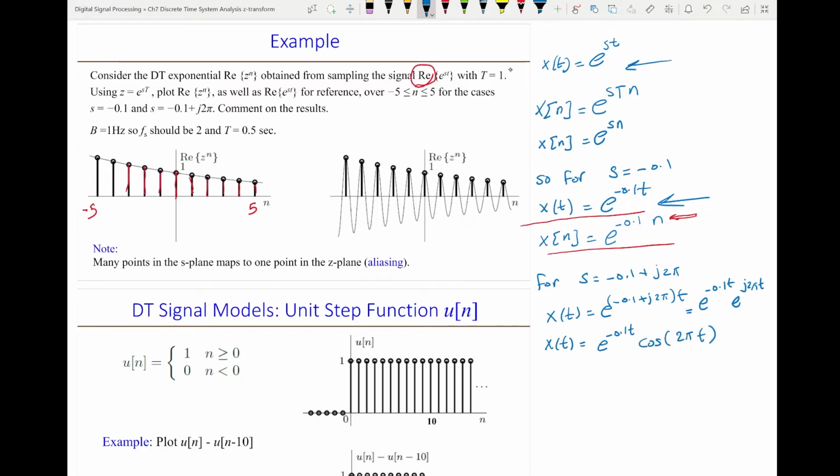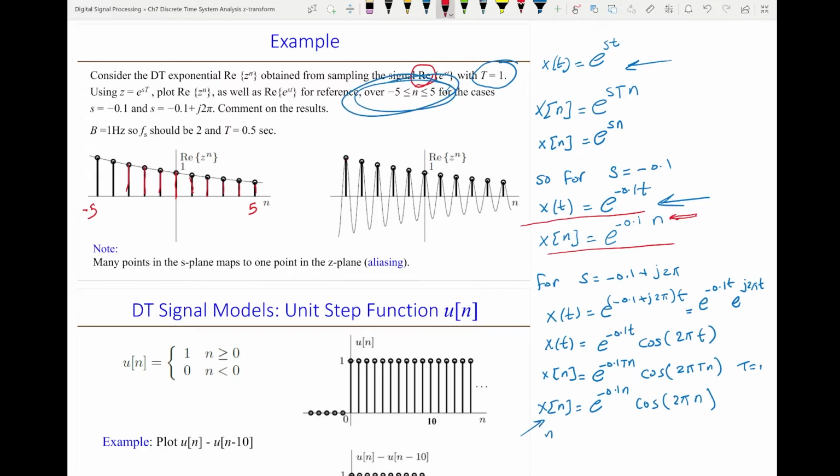Now to find the discrete signal with this sampling interval, x of n will be, and for T = 1, that will be. If I use the computer to plot these for n in this range, then I will get these points here, which is the same as this point here. I will be missing the oscillation here.